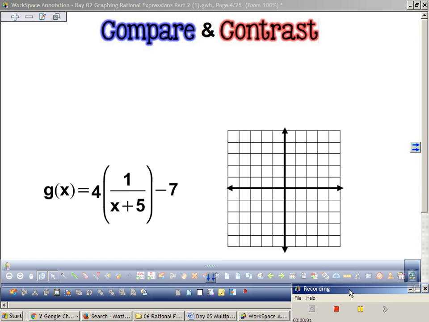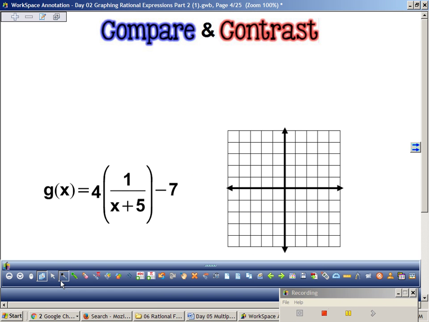Let's go over what we did yesterday, because I want to make sure that you guys have everything that you need. So, a standard form would be this.